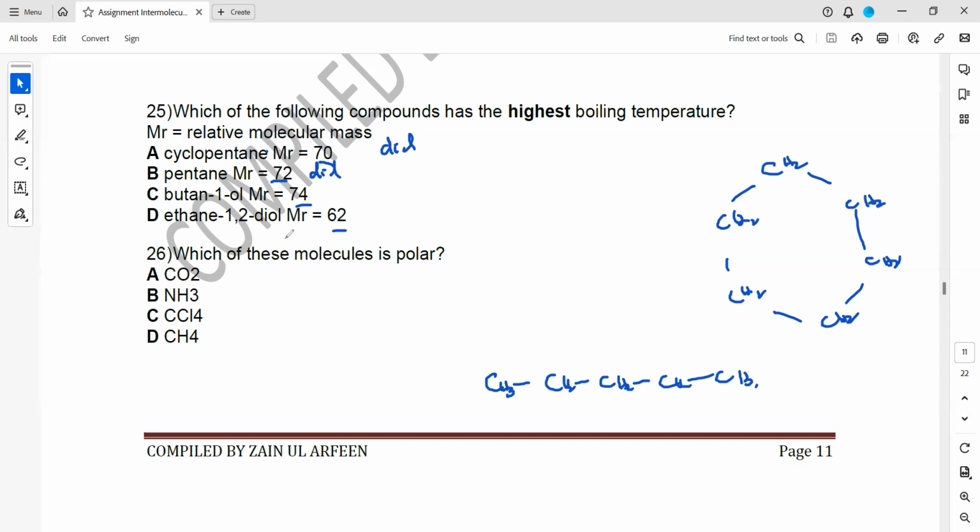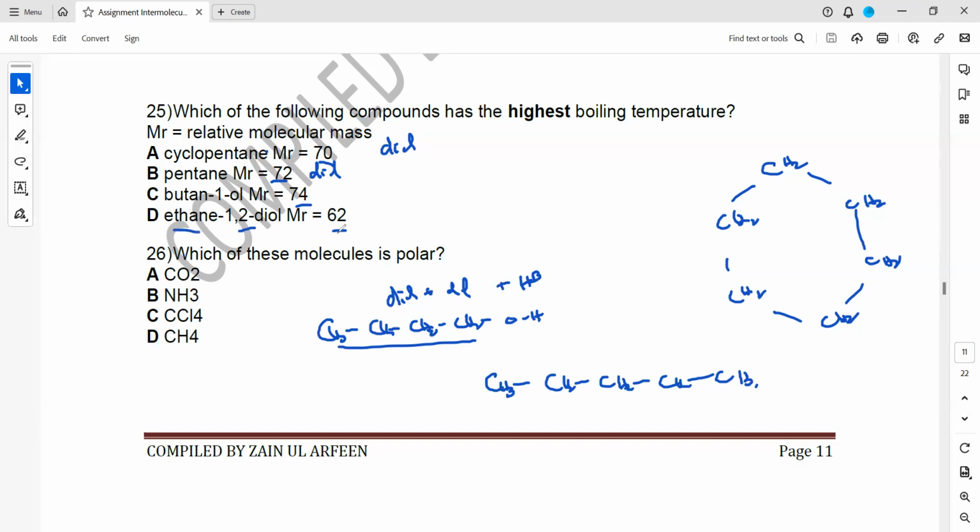Then butan-1-ol. Butan means 4 carbons, and the alcohol is attached to the first one. So what kind of forces exist? It will have dipole-induced dipole force because of the carbon chain, and because hydrogen is bonded with oxygen, it will have a hydrogen bond, and oxygen is bonded with carbon, so it will have dipole-dipole. So all three types of forces are there.